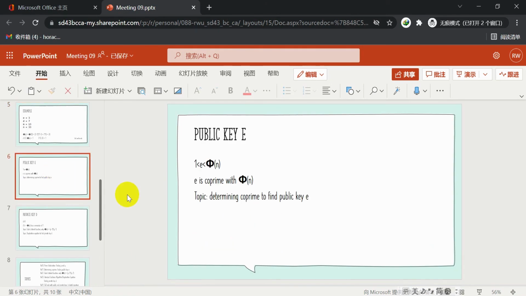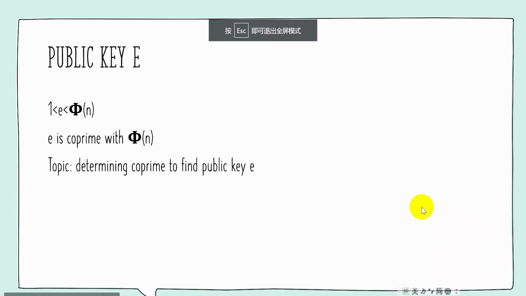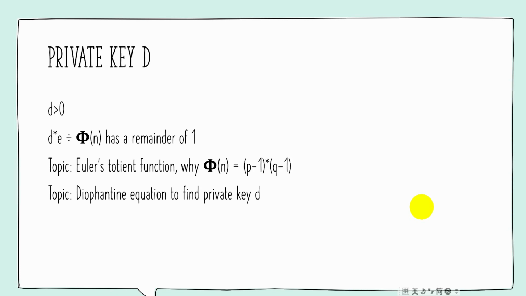Okay, next, for the public key, E is a whole number between 1 and phi n, and E is coprime with phi n. For this restriction, a topic that we're going to cover in the future is determining coprime to find public key E. We're going to input two numbers and see if they have any common factors.